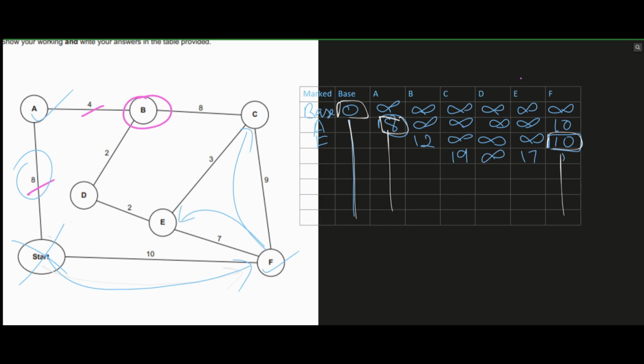Now what is the shortest distance? The shortest distance is 12, right? So I can go to B. Now from B, I can go to D or C. D is going to be 12 plus 2, which is 14.